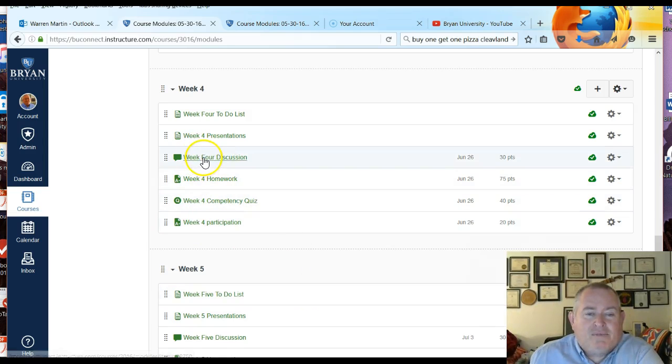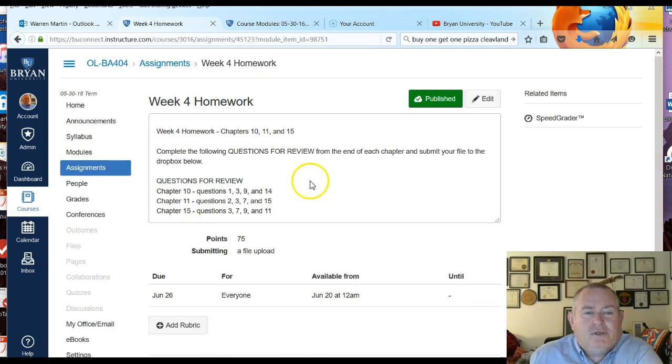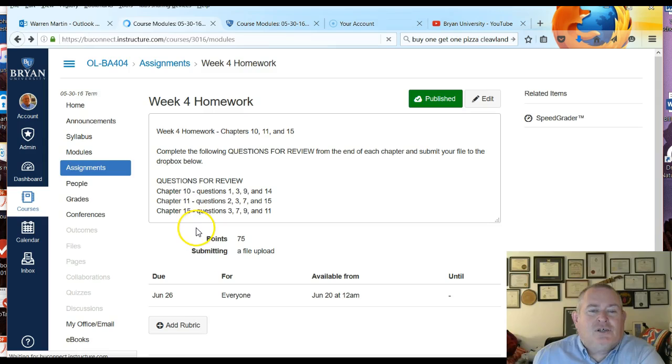So the upcoming homework. Okay, again, chapters, questions for review. Now, I will mention, make sure you're doing the questions for review, because there's some other questions in the book there too. So just make sure it's questions for review and not review questions or other options there. So discussion coming up.